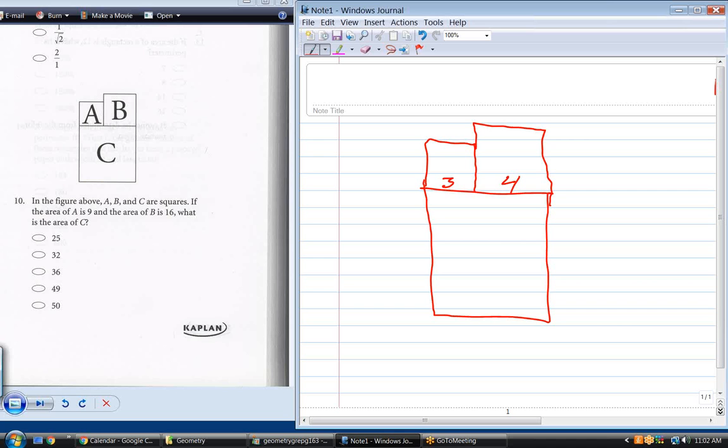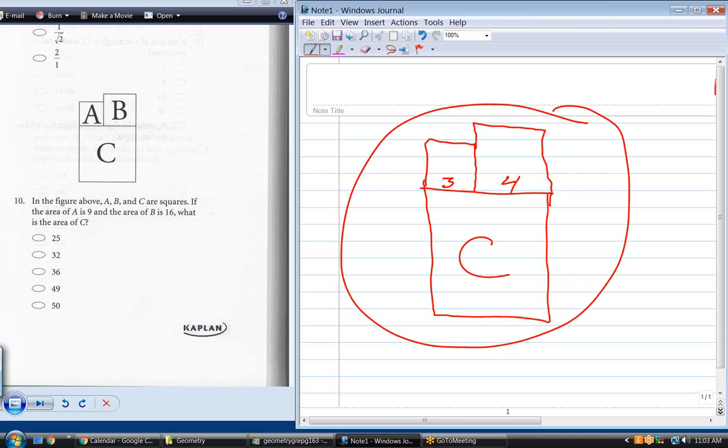What's the side length of C? Just the square root of C. Could you say that? Well, what's the side length of square C? Side length. Not the area, the side length.